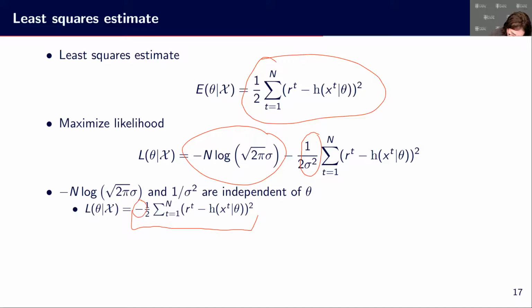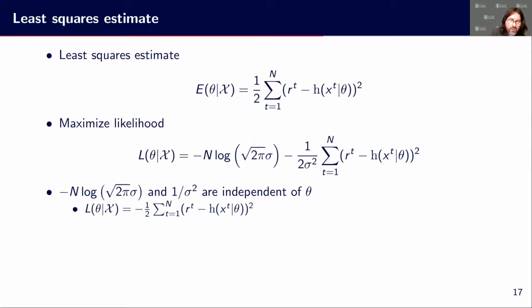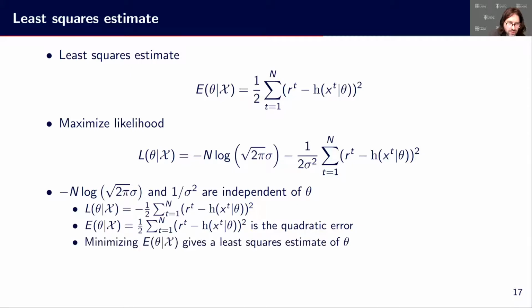The point is that we are minimizing the error, we are maximizing the likelihood. So these are basically the same equation, except that we have a sign and we are minimizing one while maximizing the other. So minimizing the squared error is giving us a good estimate that is totally coherent with the maximum likelihood estimate.